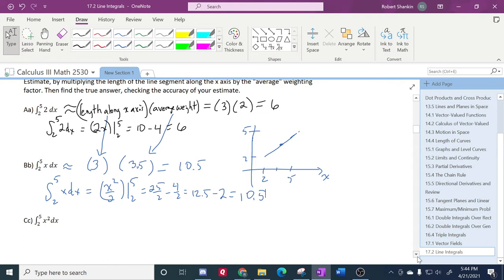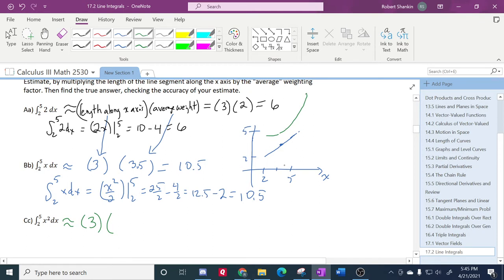Okay, 30 seconds more. Alright, so this is the length along the x-axis, which is still 3, and an average weight. Now, this one is going from 4 to 25, and I might not pick the middle one, it might be kind of low.